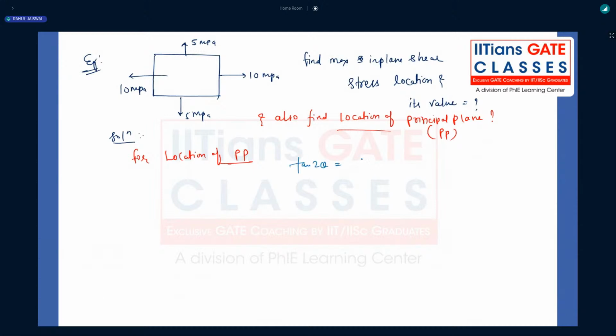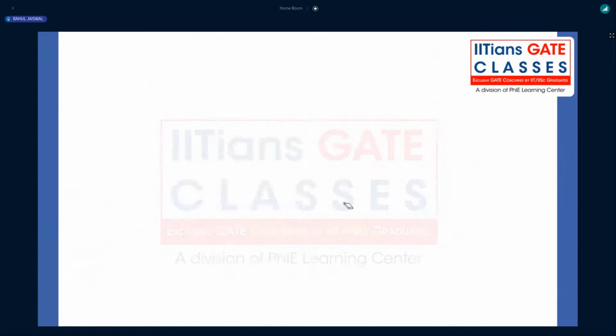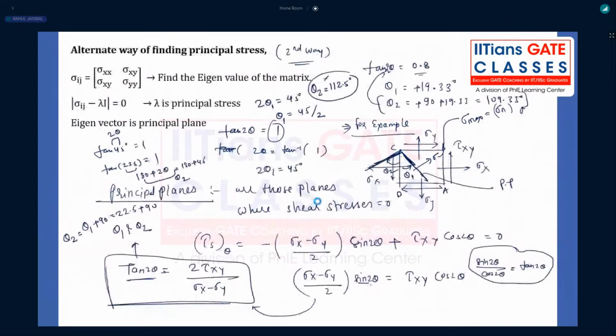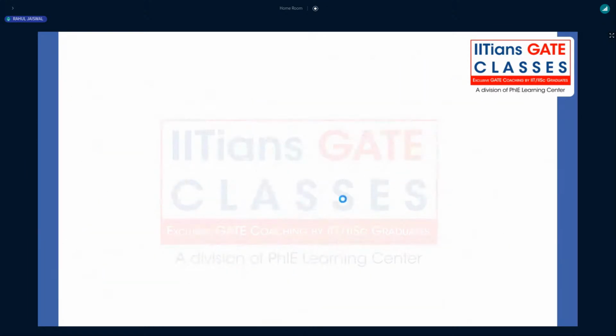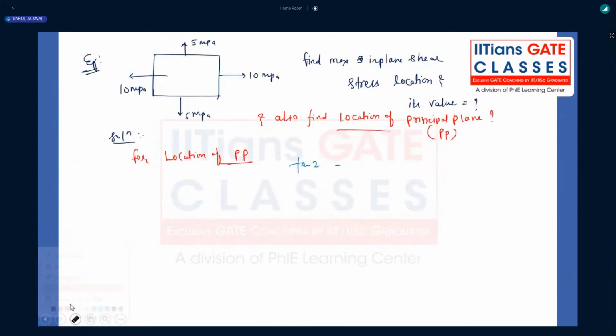Tan 2 theta will be sigma x minus sigma y, or what is the formula we have? Yes, if you go back to the formulas, it is 2 tau xy divided by sigma x minus sigma y.